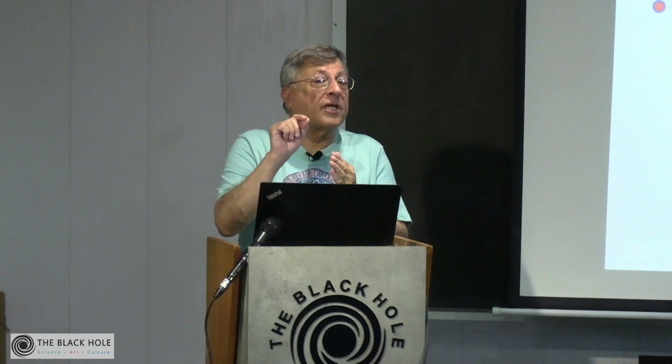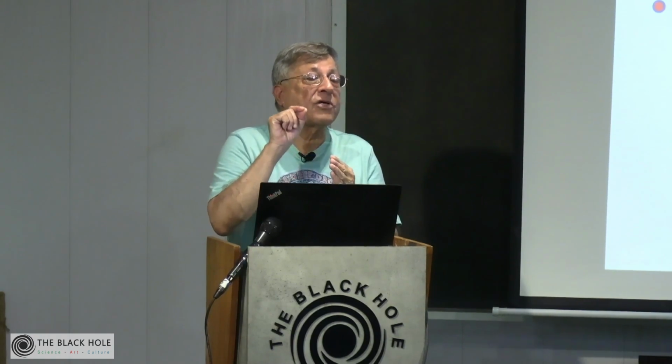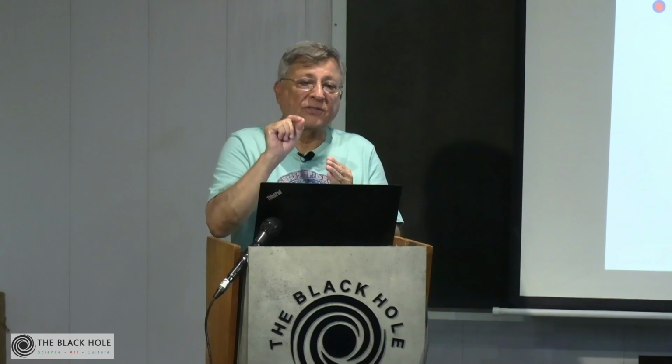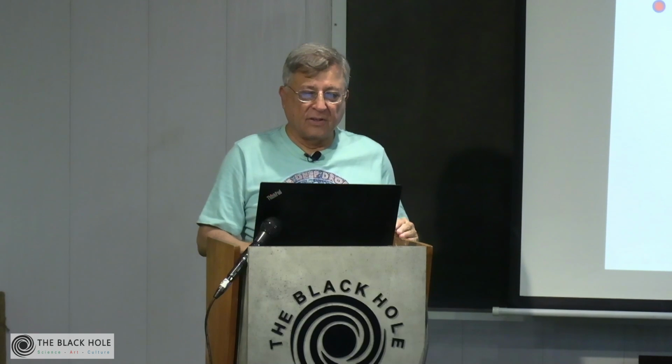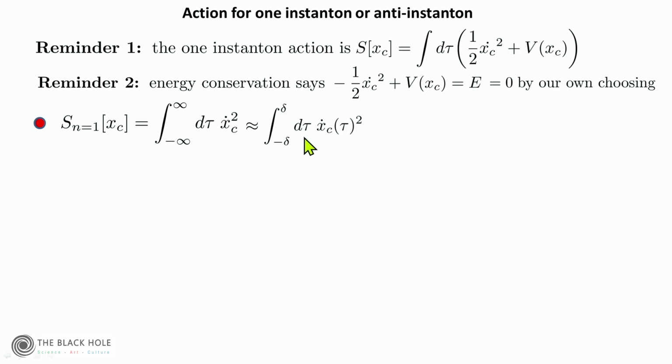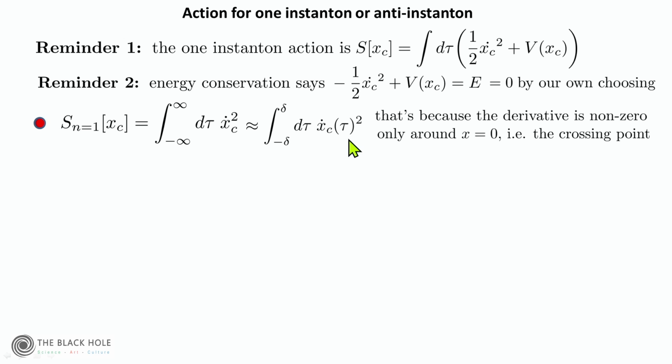I mean, a little bit to the left of where the instanton crosses the axis. So in this very short time interval, minus delta to plus delta, that's the only integral that we need to do. And the derivative is non-zero only where the instanton is located.